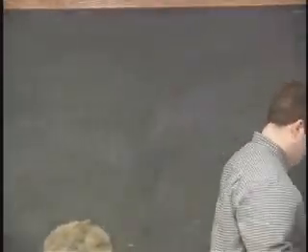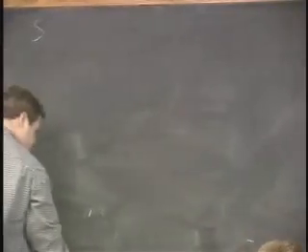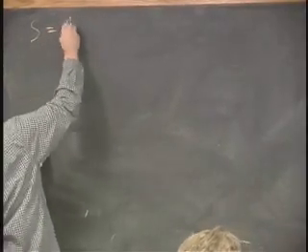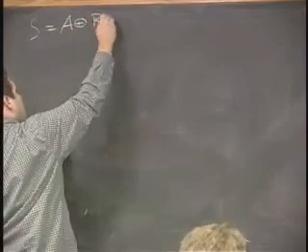So we know for our adders that sum equals A XOR B XOR Ci, right?